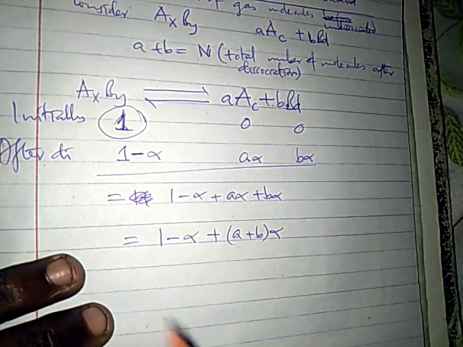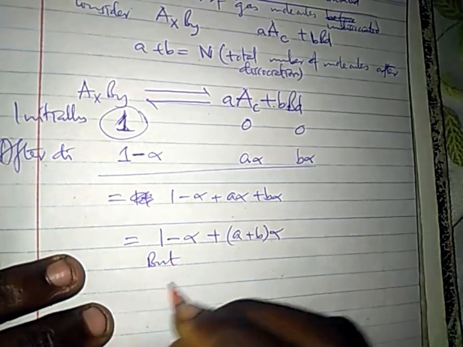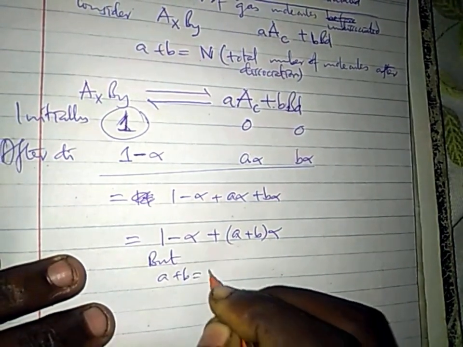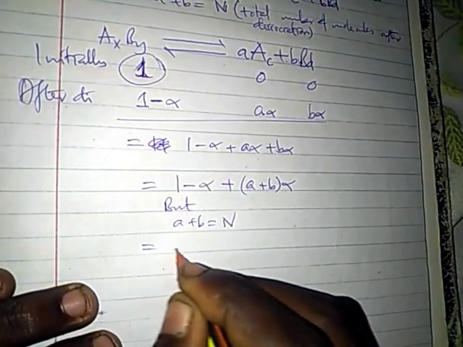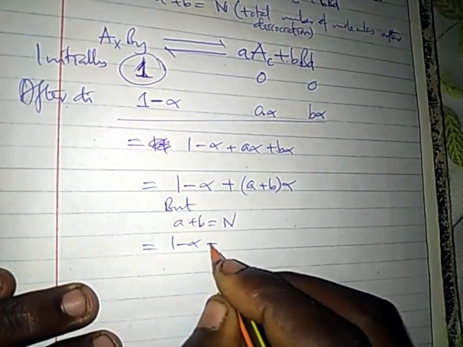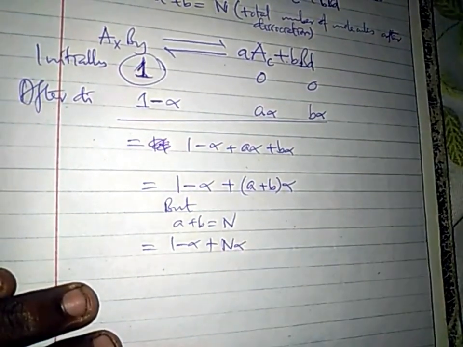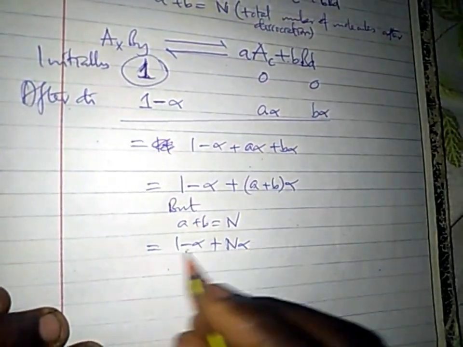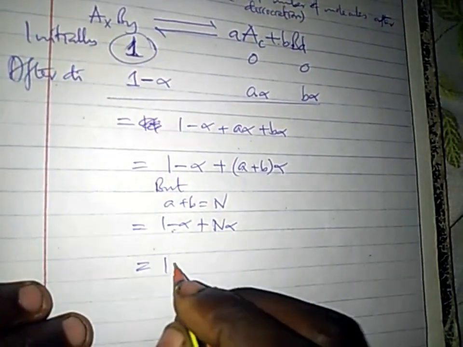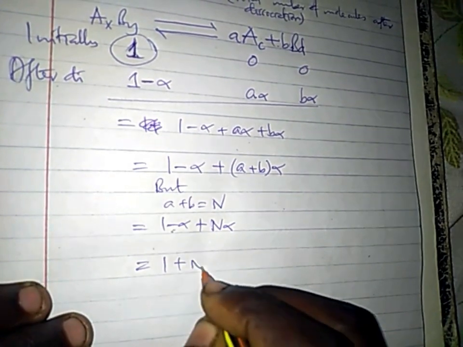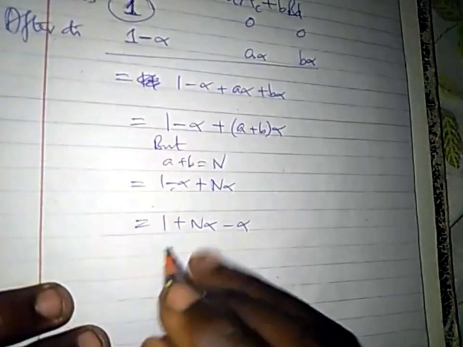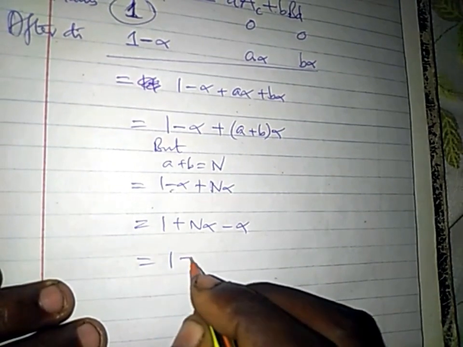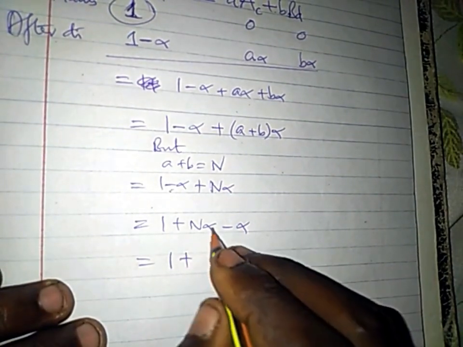Kwa hiyo tunasema kwamba tulisema A plus B is equal to total number of molecules N. So itakuwa 1 minus alpha plus N alpha. Hii ukipeleka kule inaweza kuwa ni 1 plus N alpha minus alpha.